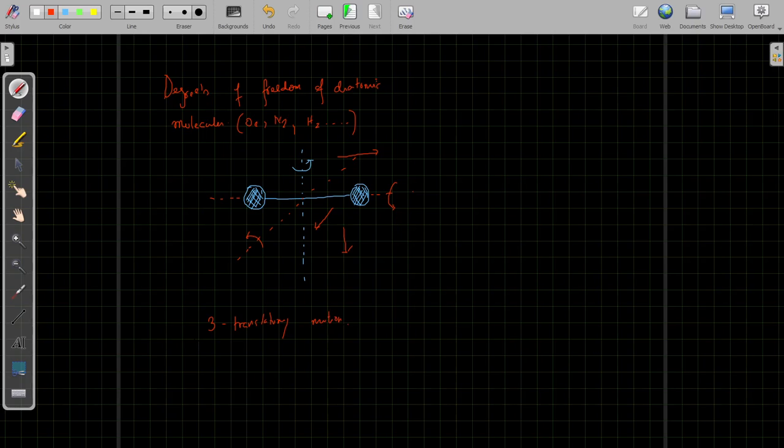And 2 additional degrees of freedom it has. What are they? Rotational. You can see if you rotate, this is the way it can rotate, and it can rotate this way, right? But then it is the same thing as this. Rotating about this axis and this axis is the same thing only. But rotating about this axis is different, right?